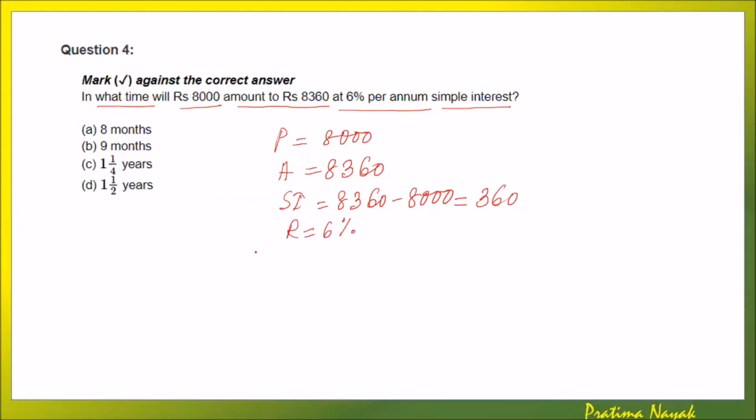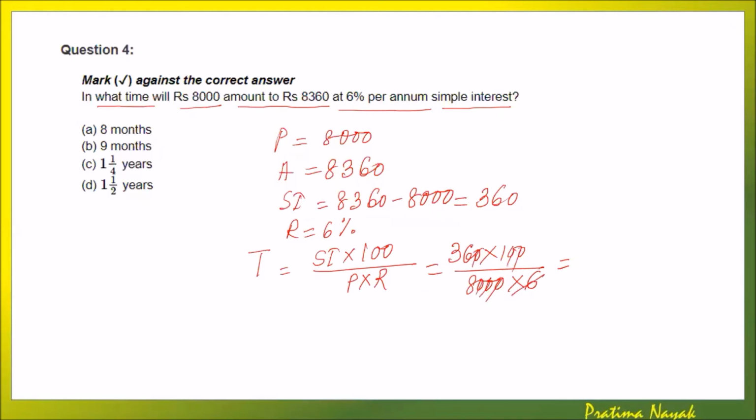Then I go for time. The time formula is equal to how much? SI into 100 upon P into R. So it will be 360 multiplied by 100 upon 8,000 into rate, which is 6. So 0, 0 cancel, 3, 0 cancel.